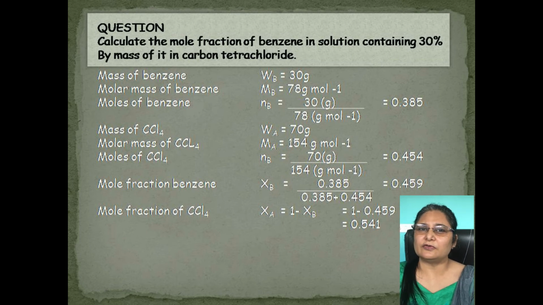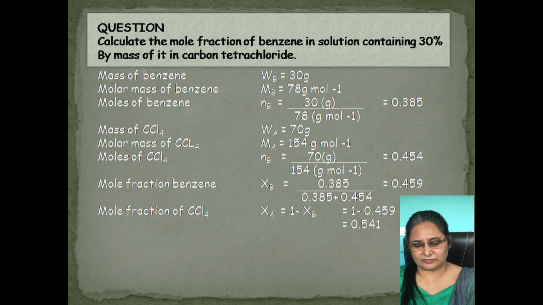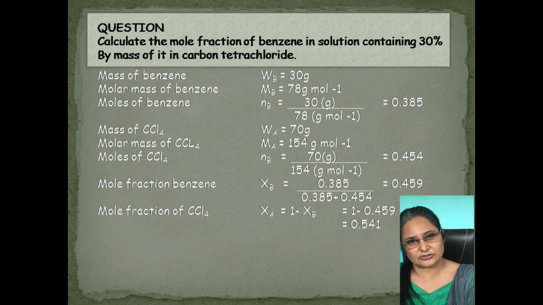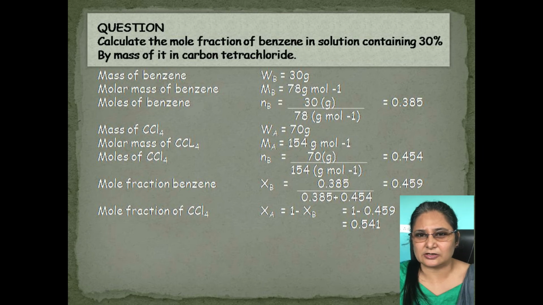Now you know the sum of the mole fractions of solute and solvent is equal to 1. So how will you determine the mole fraction of solvent? It is 1 minus 0.459. You will get the mole fraction of carbon tetrachloride. I hope everyone is clear with this question.